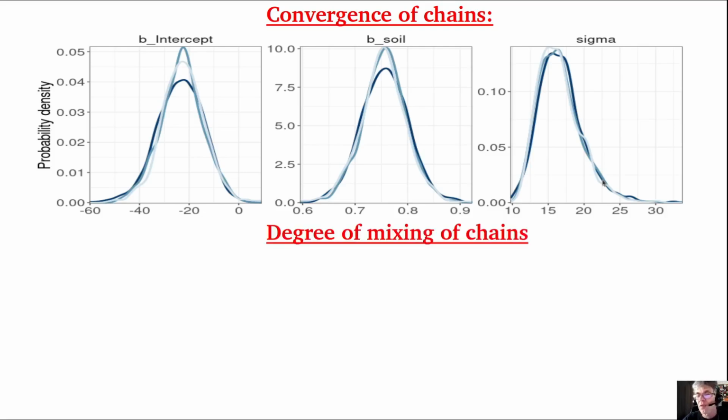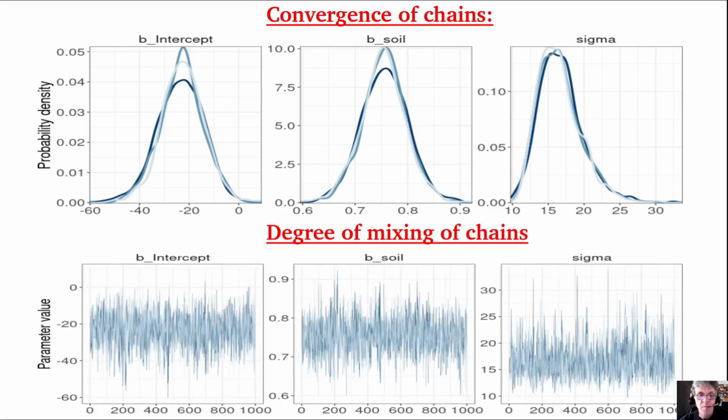We also need to examine what they call in Bayesian jargon the degree of mixing of the chains. This is evaluated through the trace plots. Here we have them superimposed, with the colors corresponding to the three chains. What we want to see is that the chains all separately explore more or less similar ranges of values.